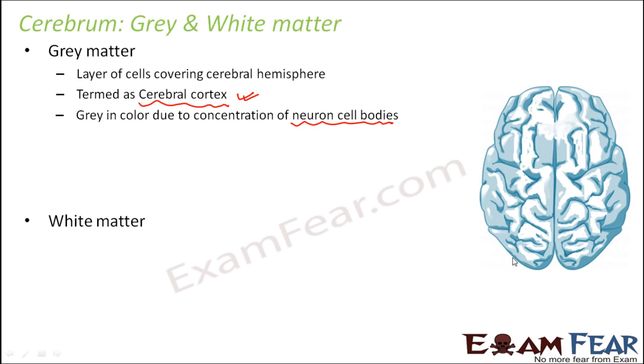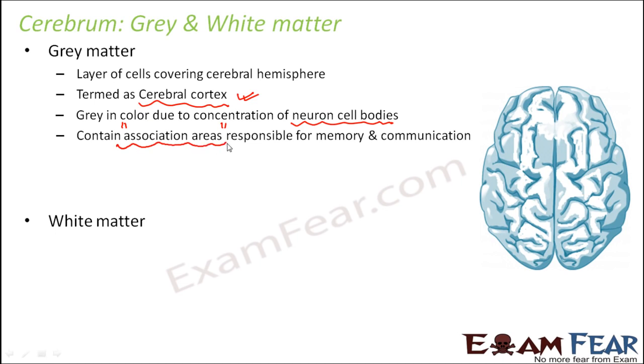Motor means something which is related to movements. So these areas are known as the association areas. Association areas are those regions which are neither sensory nor motor in nature.